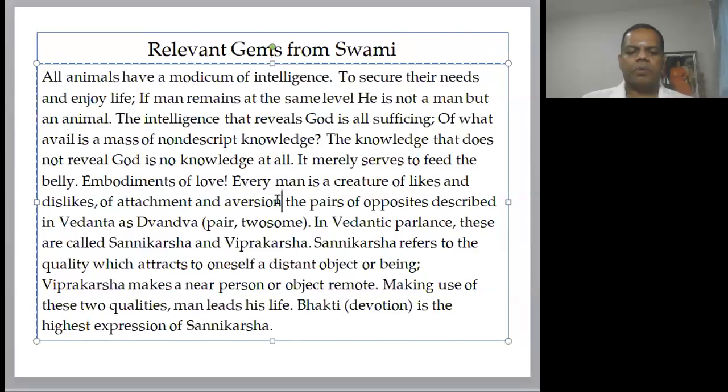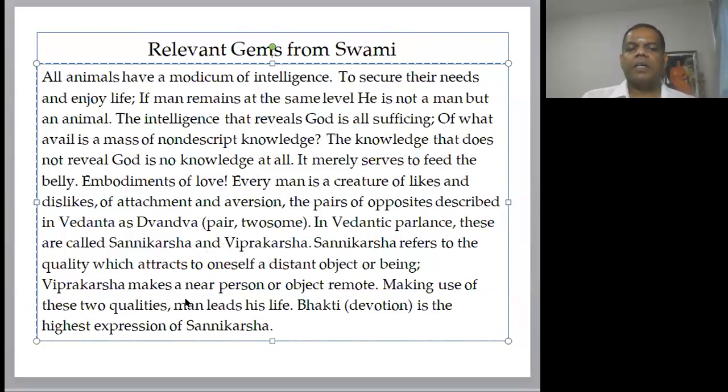Dvandva means pair or twosome. In Vedantic parlance, these are called sannikarsha and viprakarsha. Sannikarsha refers to the quality which attracts to oneself a distant object or being.